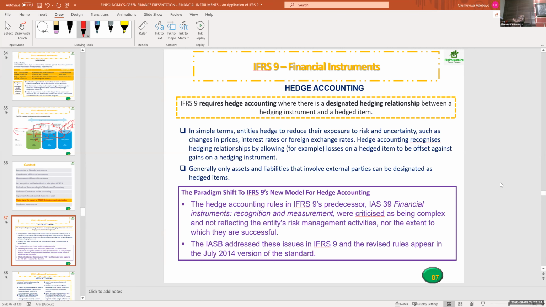And in that case, what do you do? Because I have a subsidiary in Ghana with Ghana cedis, and I'm a Nigerian company. Therefore, I have a foreign exposure, which you call a translation exposure, because at the time I will be consolidating the Ghana results, remember, the movement in exchange rate will surely affect my value, whether up or down.